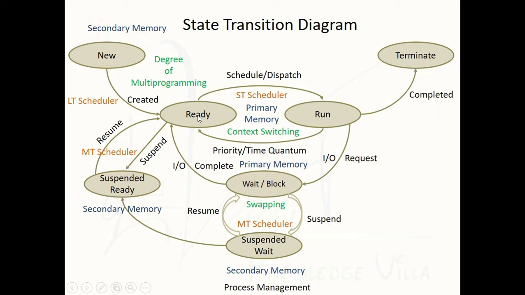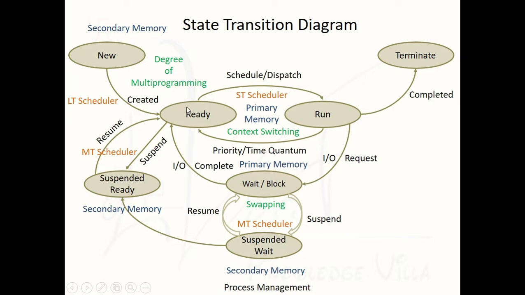Whenever processes are moving from the ready state to the run state, at that time scheduling is going on. Get it? It means that for getting the CPU, a process has to be in the run state, and only then can we say that the process is running. Whenever processes are in the ready state, they are not using the CPU.